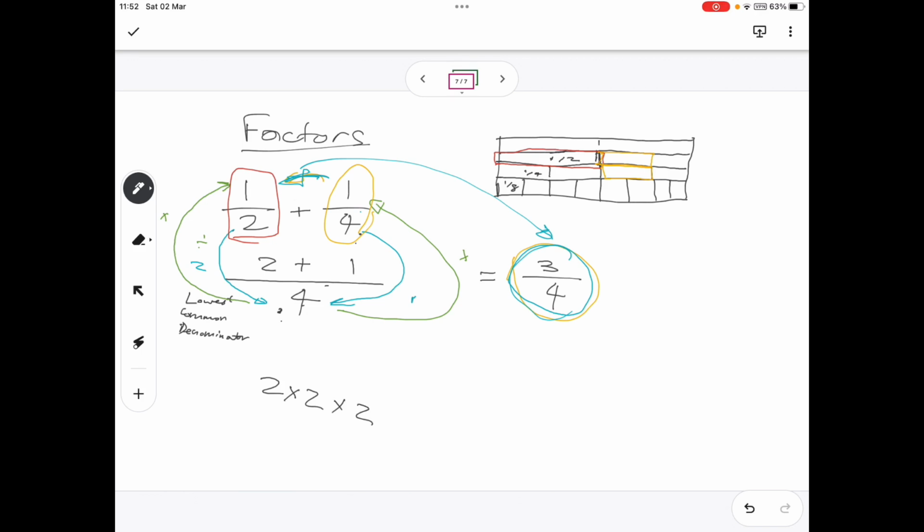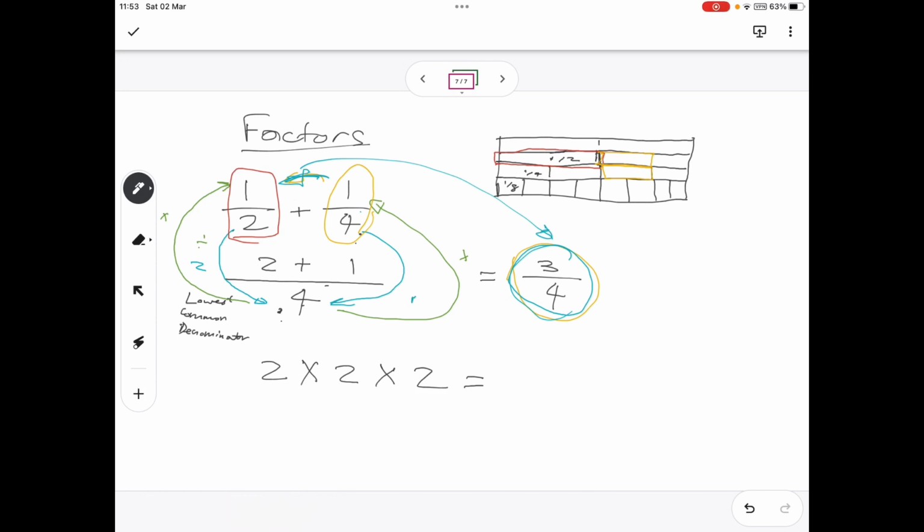So what happens if you multiply 2 by a factor of 2 by a factor of 2? No, we're multiplying, not adding. So let's say we've got 2 by 2 by 2. We're multiplying 2 by a factor of 2, and then we multiply it again by a factor of 2.